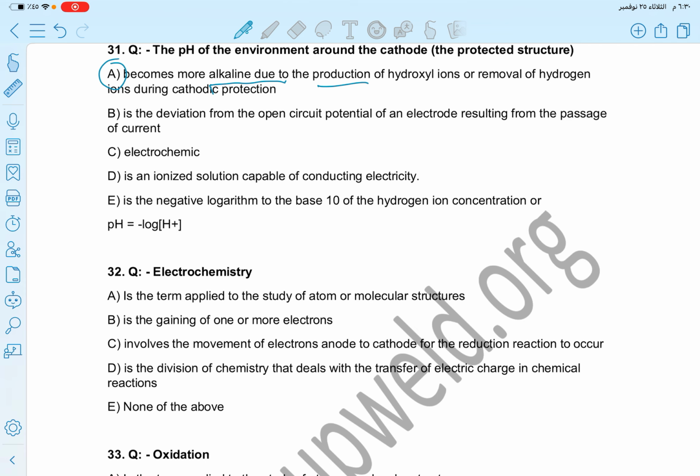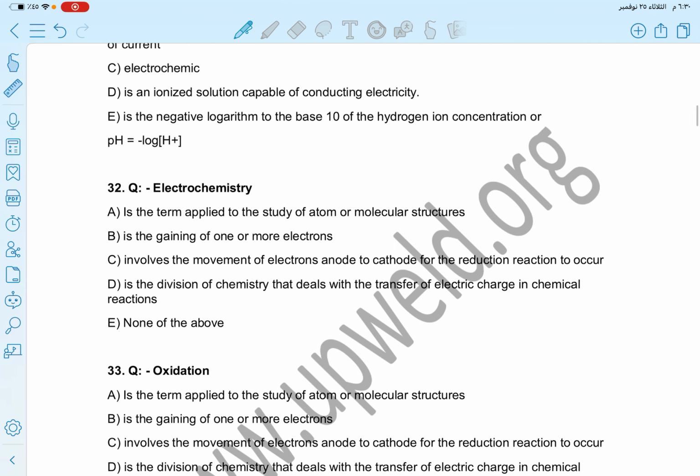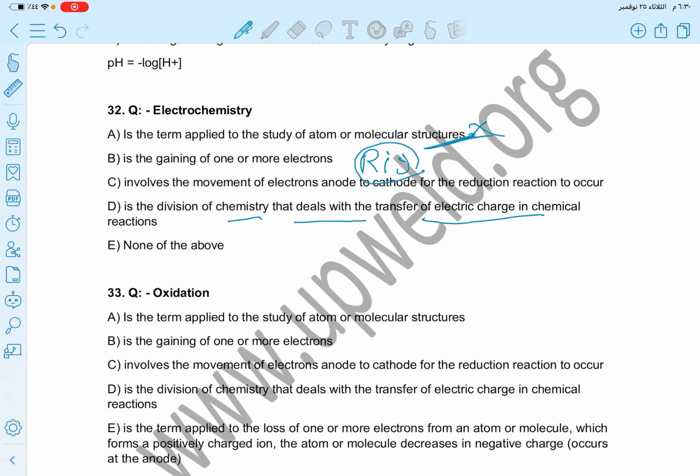Electrochemistry, this terminology, electrical and chemistry, is the division of chemistry that deals with the transfer of electrical charge. This is not a term of applied study, this is very long. Gaining of one or more electrons: reduction is gaining, there is a question. Now, oxidation is OIL, oil is leaving electrons.